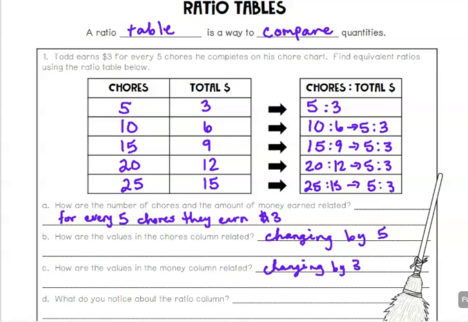So if I look at the ratio column, what we should have noticed is that all ratios simplify to 5 to 3, because that's how the chores were changing and how the total was changing.